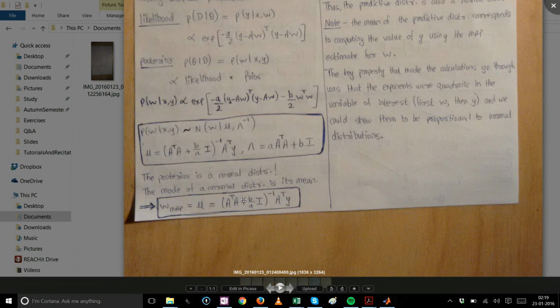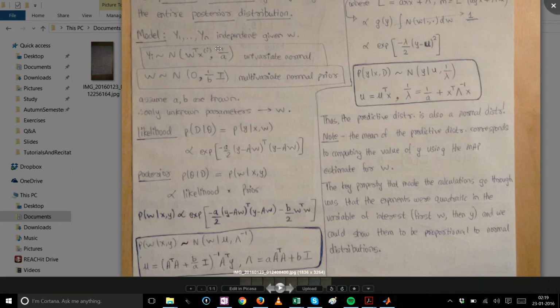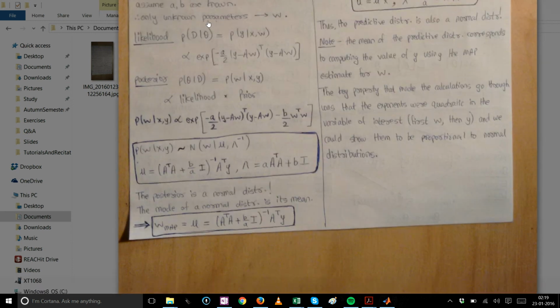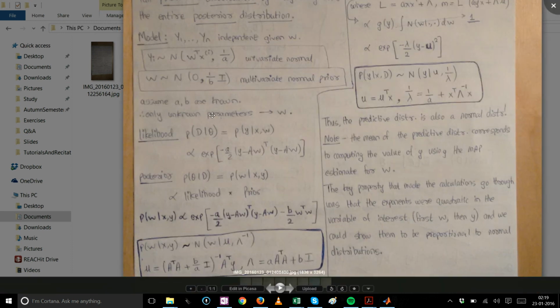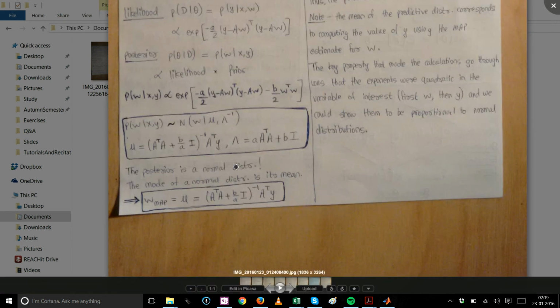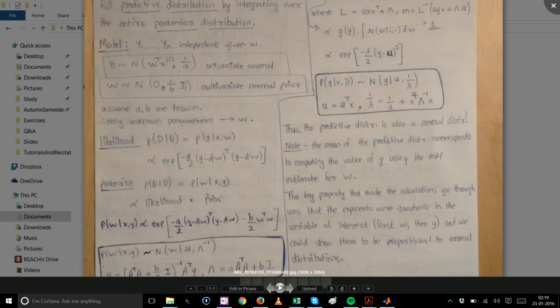All this is the data, and a is the precision of the univariate normal on y, which is the model that you assume, and b is the precision along each dimension on the prior. So all this is the data and a and b basically. So that is Bayesian linear regression.